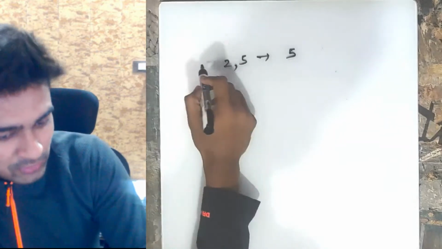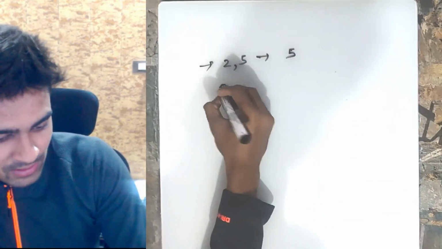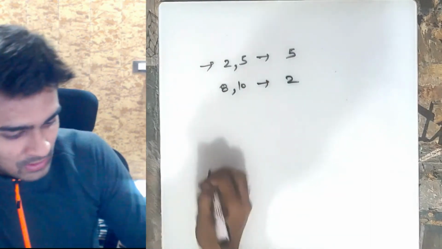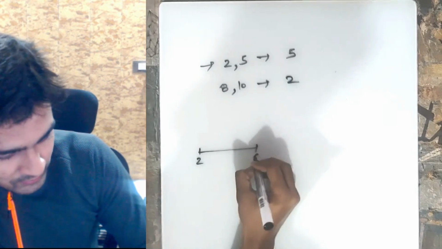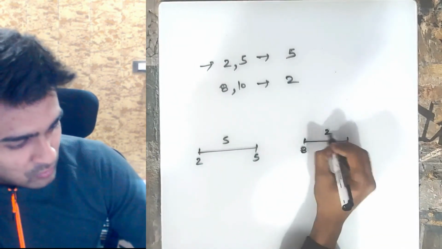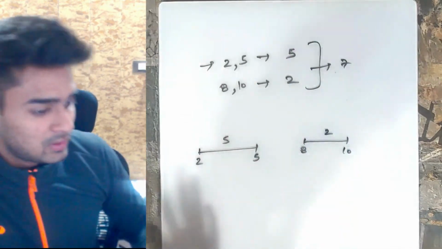We need to take this interval since it is the very first interval. Next interval, let's have 8 to 10 with the cost of 2. So we have 2 to 5 with the cost of 5, we have 8 to 10 with the cost of 2, and we need to take both these intervals. Therefore the answer for this would be 7 for now.